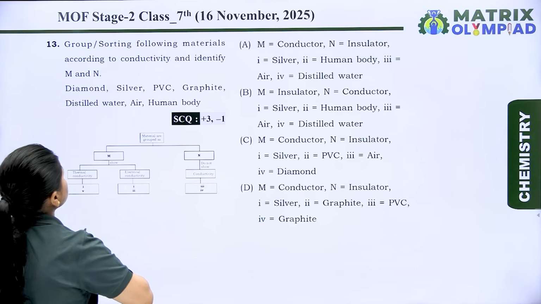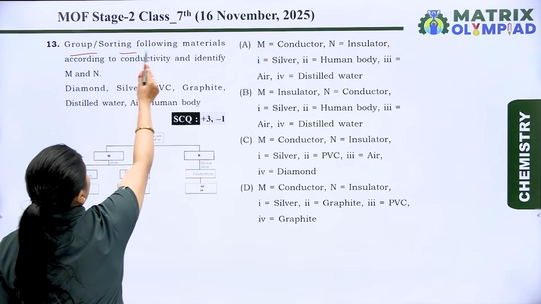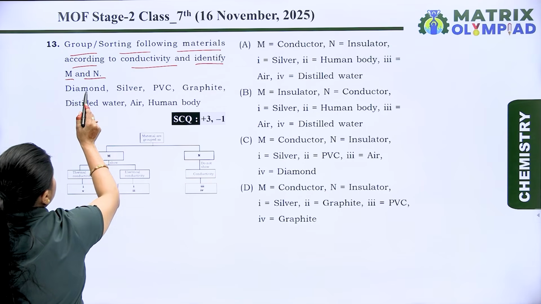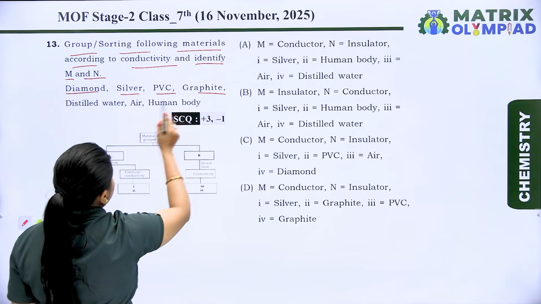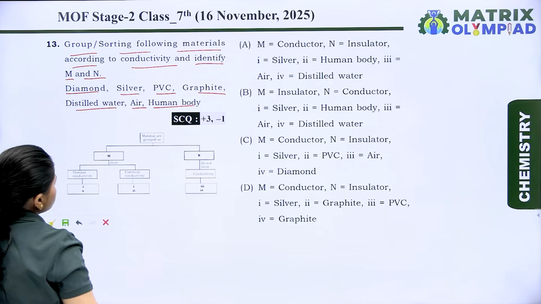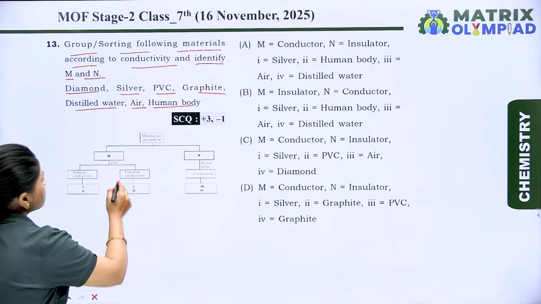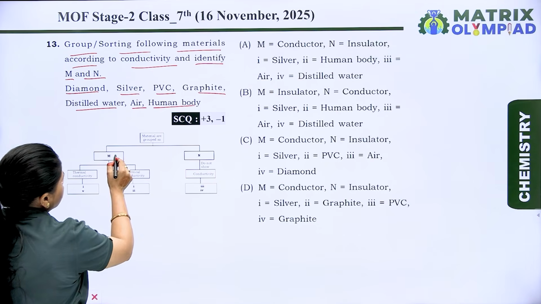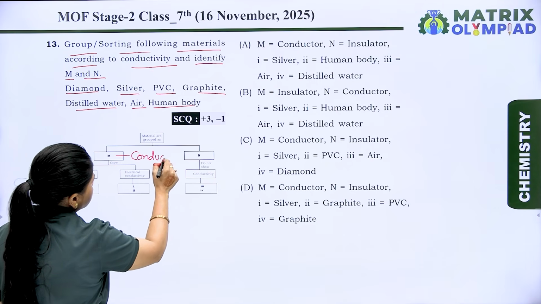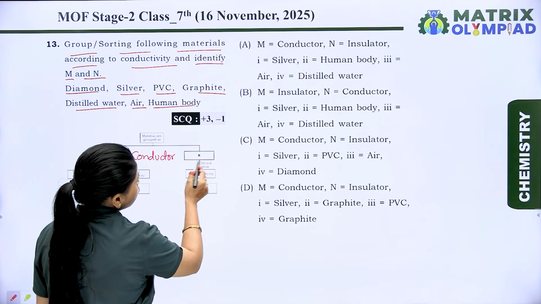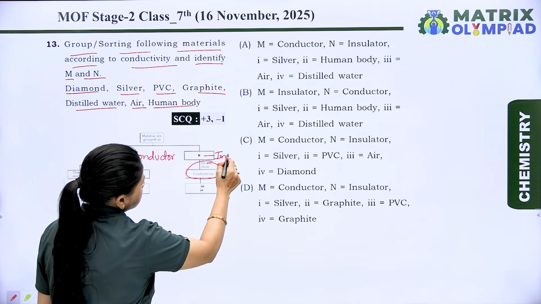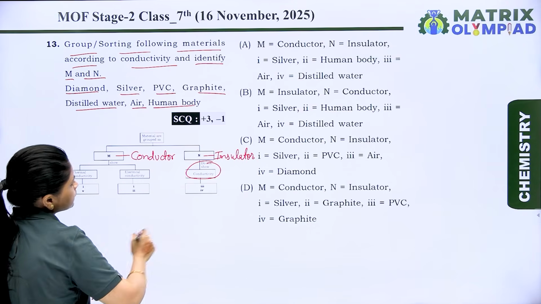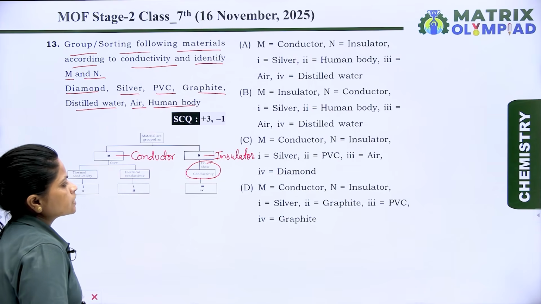Now the next question is, group the following materials according to conductivity and identify M and N. Diamond, silver, PVC, graphite, distilled water, air, human body. So we have to find M, which shows thermal and electrical conductivity, and it can be taken as conductor. N does not show conductivity, so N can be insulator.